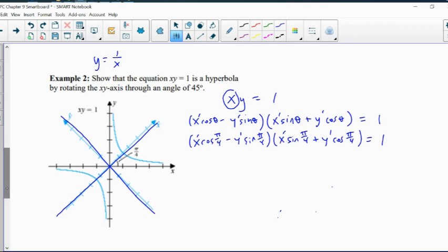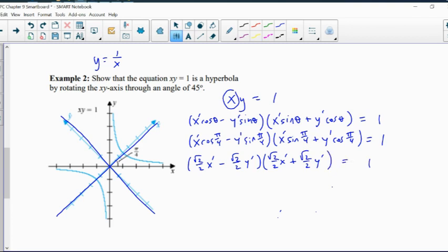So let's do it. We know what the cosine of pi fourths is. It's root 2 over 2, which is the same as sine. So this is root 2 over 2 x prime minus root 2 over 2 y prime, and this is also root 2 over 2 x prime plus root 2 over 2 y prime.